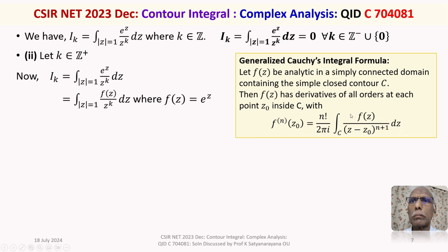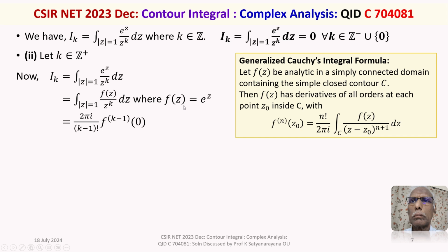In our case, f(z) is e^z and z0 is 0, and n plus 1 is k. Then n will be k minus 1. Then this integral will be 2 pi i by (k minus 1) factorial into the (k minus 1)th derivative of f at 0, because in our case z0 is 0. So what is f(z)? e^z.